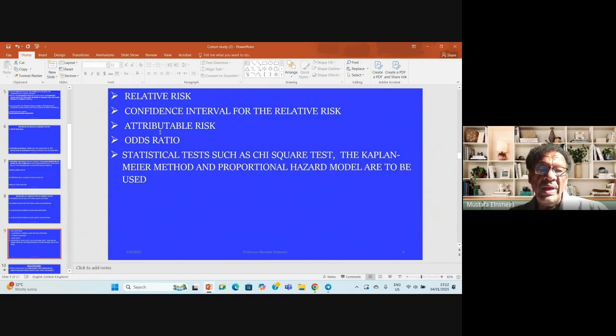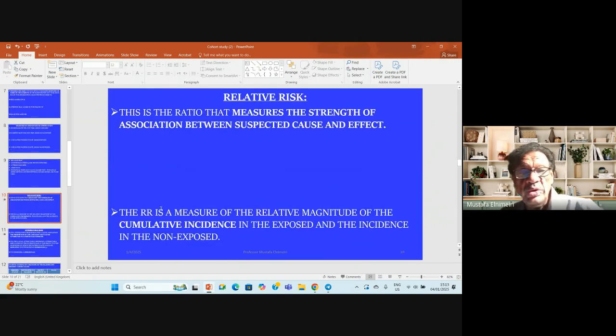And then we can talk about the relative risk and the confidence interval for the relative risk, attributable risk, the odds ratio, and also we need statistical tests such as chi-square testing, Fisher's exact test, the Kaplan-Meier method, and proportional hazard models, which are to be used for testing the statistical significance between the exposed and non-exposed.